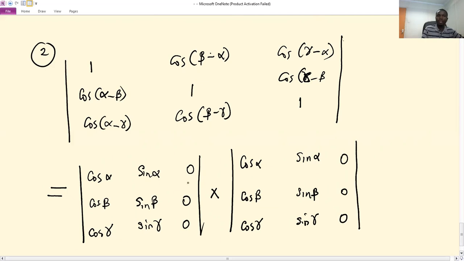And because this is a 0 column, this should give us 0.